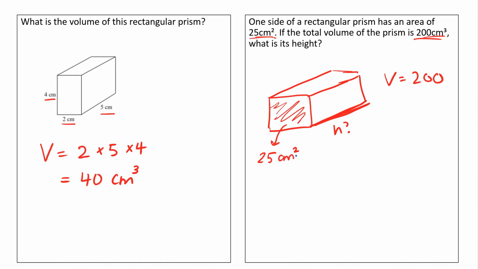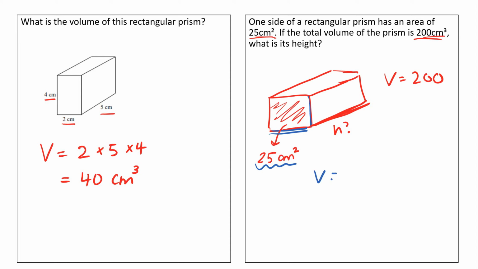Although we don't know the length of each side, we know that this area here is 25 centimeters squared, so it doesn't really matter what the length and the width are. We know that when we multiply them together, we get 25 centimeters squared.